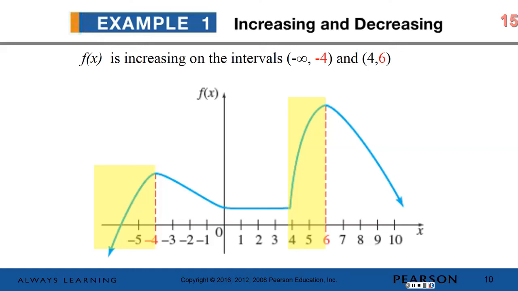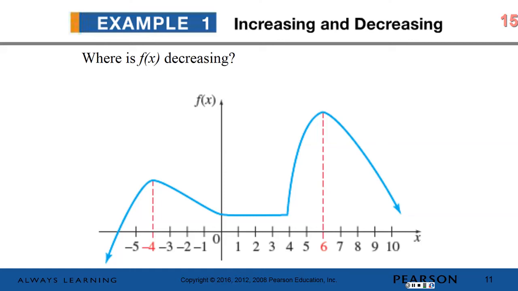Now, I am not going to be real picky about whether you write it in interval notation with parentheses or square brackets. If you want to tell me in English, it's increasing when x goes from 4 to 6, that's fine. Tell me in words. I want to know if you know what it is, not fancy notation.